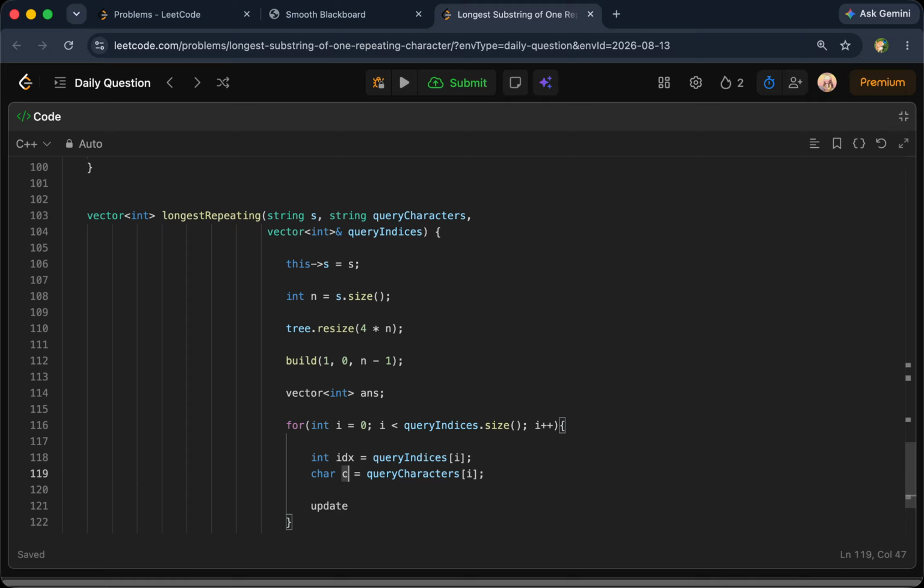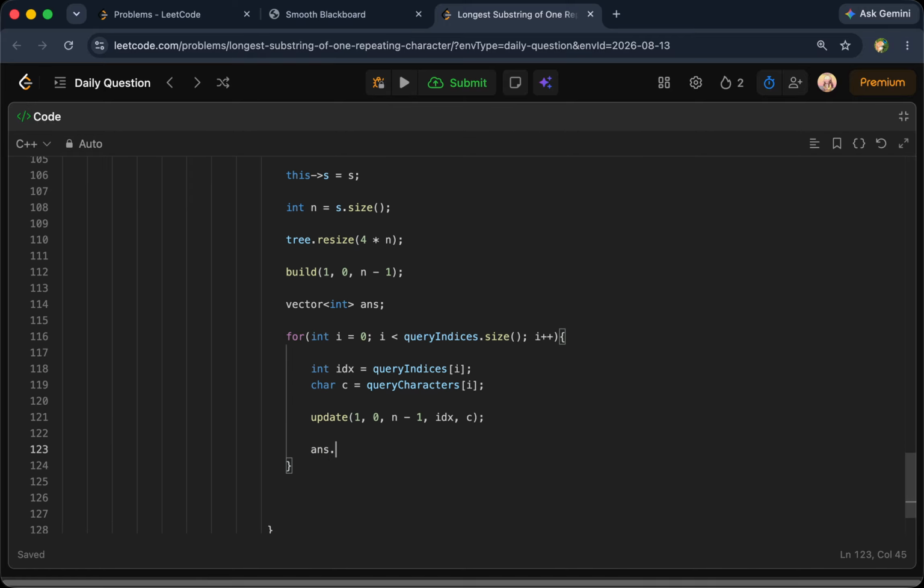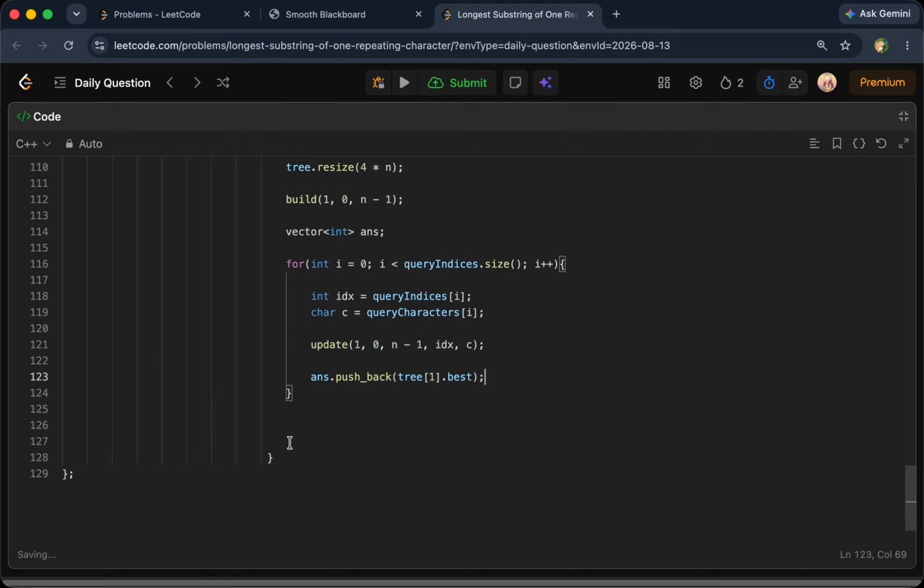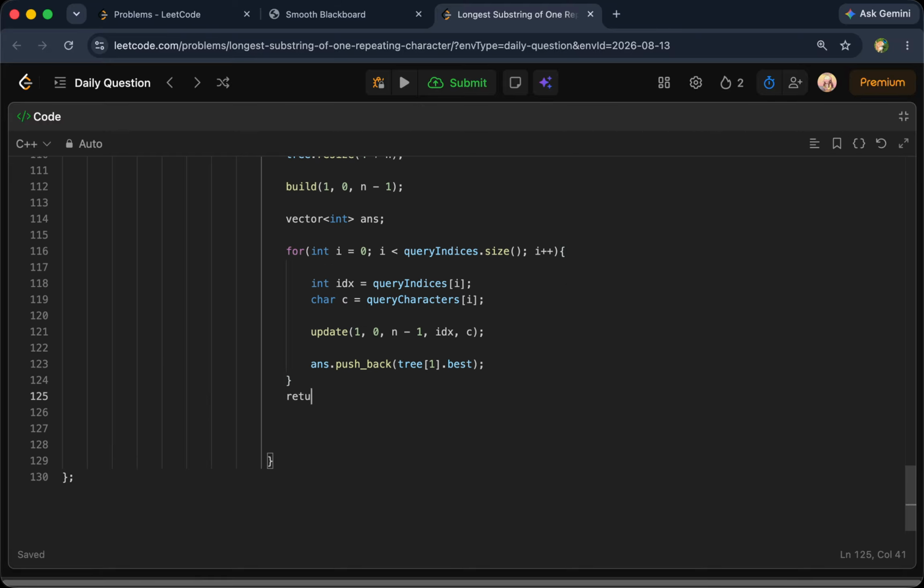Update 1, 0, n minus 1, idx, c. So in last we just push the answer: answer dot push back tree of 1 dot best in the start. Return ans. Oh, finally it's finished.